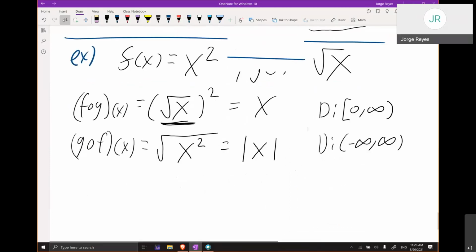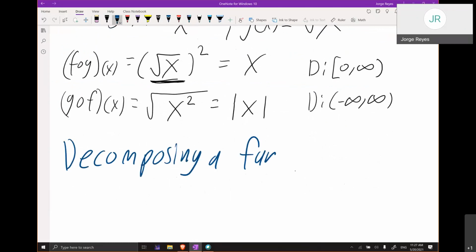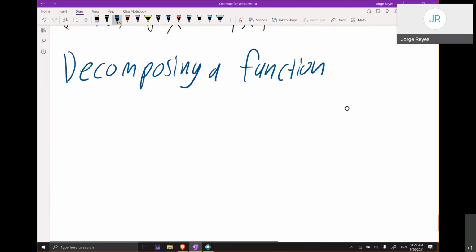composing functions. Now, the last thing in the actual section is decomposing functions. If you're going to calculus or higher, this is very important that you learn this skill. I also call it having the math eyes, because the complaint would be that you don't see things the same way that I see things.